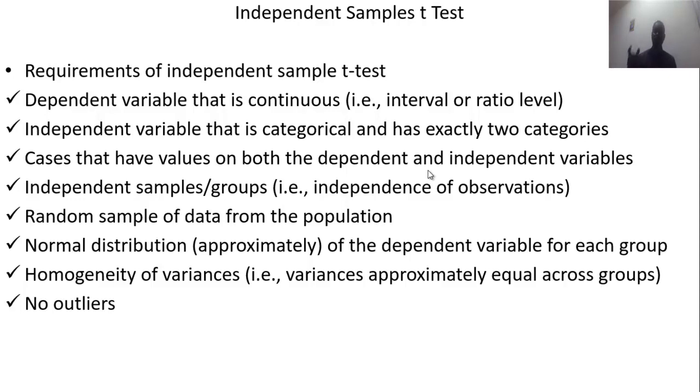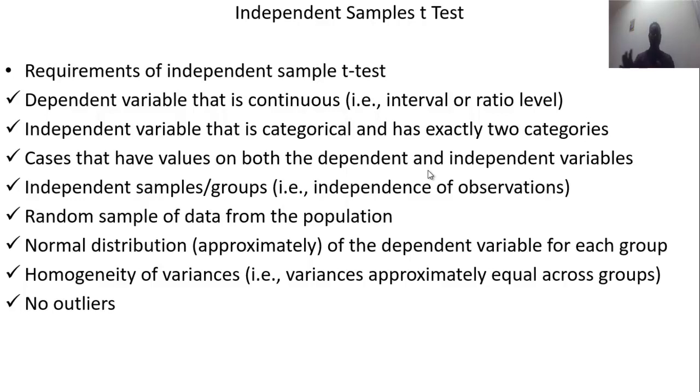In order to run an independent sample t-test on this data, as a prerequisite, we have to make sure that the test result is normally distributed for male students and female students, for both groups.